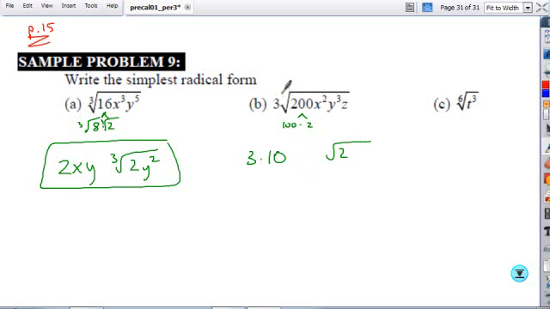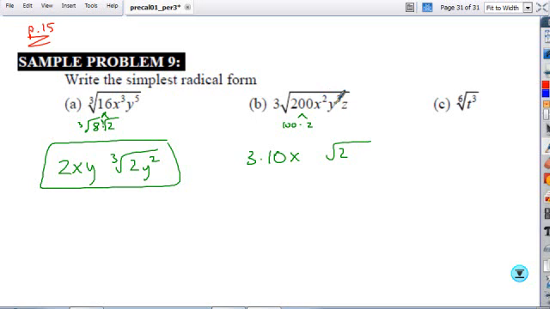And so now we're looking for groups of 2, whatever our index is. So how many groups of 2 can we remove from the x's? We have one group of 2, so that comes out. When we remove one group of 2, how many x's will stay inside our radical? None. We took out the one group of 2. There's nothing left inside.